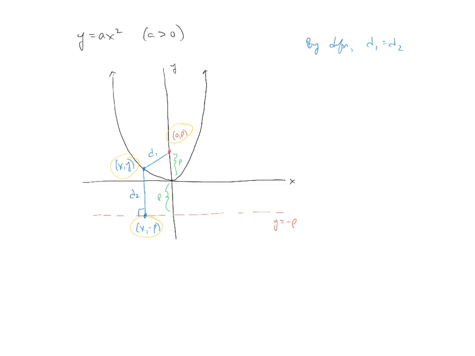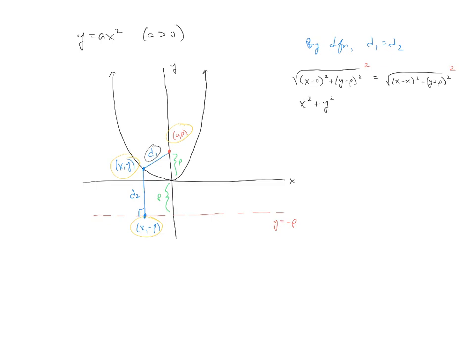So I'll start with D1. Using the distance formula, I'm going to have the square root of (x minus 0) squared plus (y minus p) squared. So that's D1 right here. D2 now would be the square root of (x minus x) squared plus (y minus negative p) squared. So that's going to turn into (y plus p) squared. Now, to clean it up, we'll start by squaring both sides. The radicals now go away, and I'll expand out the (y minus p) squared.